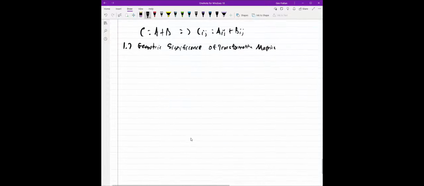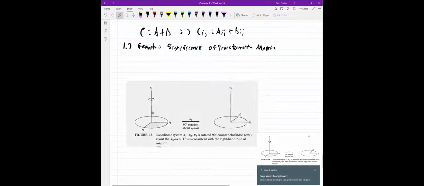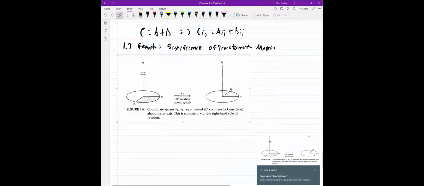I have no idea how long this video is going to be, by the way. But okay. So they want us to consider coordinate axes rotated counterclockwise through an angle of 90 degrees as in figure 1.6. So let's pull out figure 1.6. So here's figure 1.6. This is what we're considering.